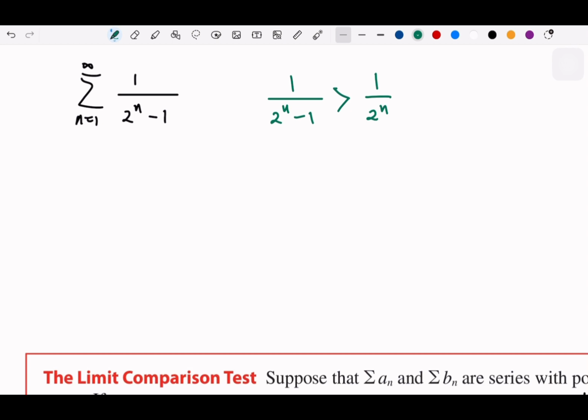But we know that this is a geometric, this is convergent. But doing this is not getting anywhere, right? We don't have a good conclusion.